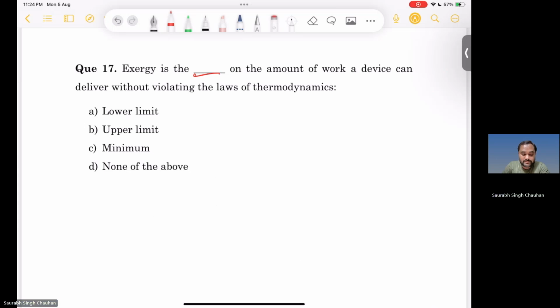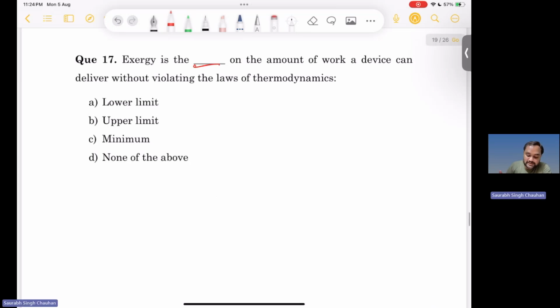So if you have watched the lecture, then you should be able to answer that. Answer should be, it is the maximum amount of work that a device can deliver without violating the laws of thermodynamics. So upper limit. Just a definition based question. So we can move to the next question.